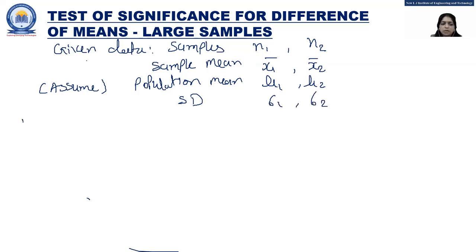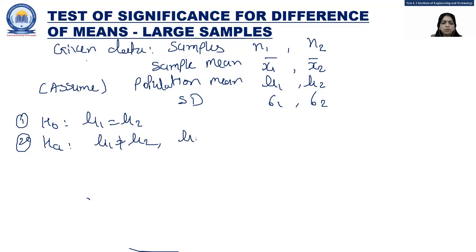Now, for the working rule, number 1, first we start with the null hypothesis, mu1 equal to mu2. What does it mean? It means there is no significant difference between the two population means. Number 2, the alternative to the null hypothesis: mu1 not equal to mu2, mu1 greater than mu2, or mu1 less than mu2, right?